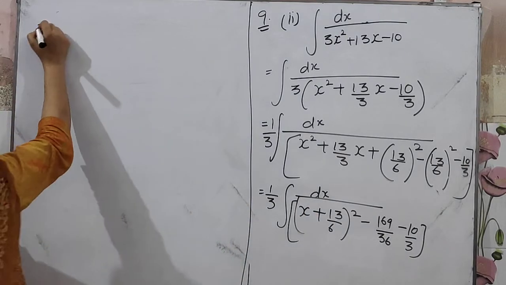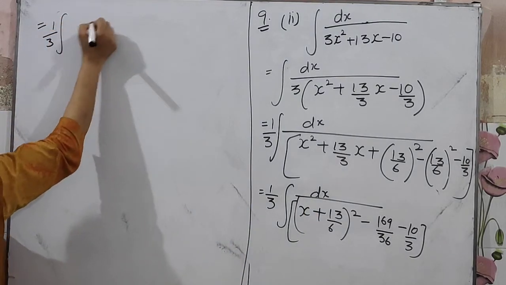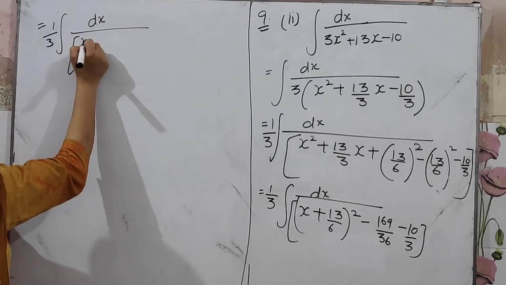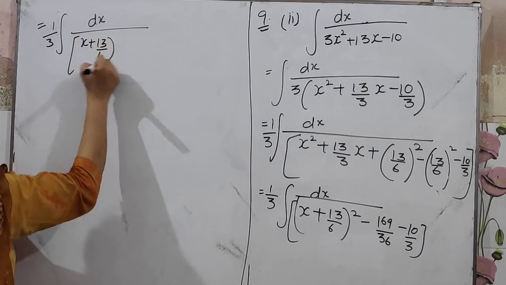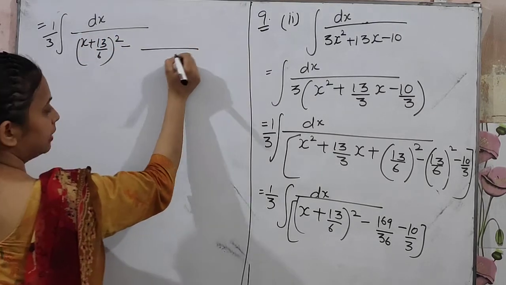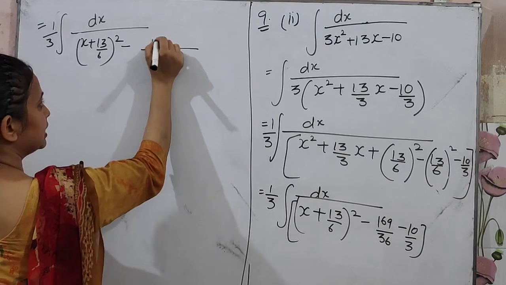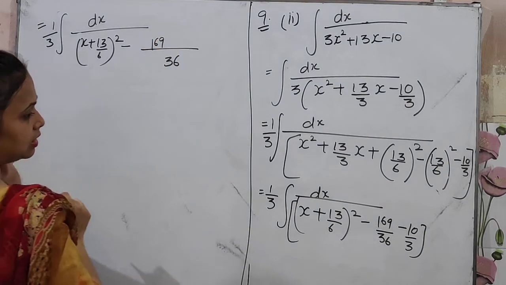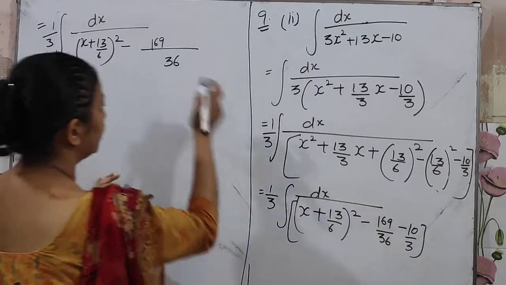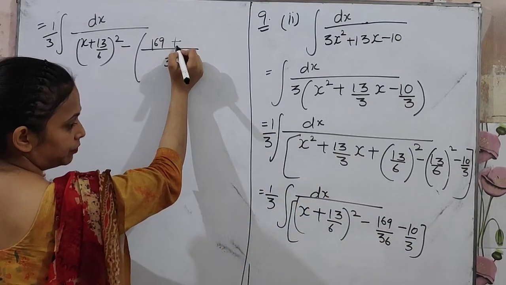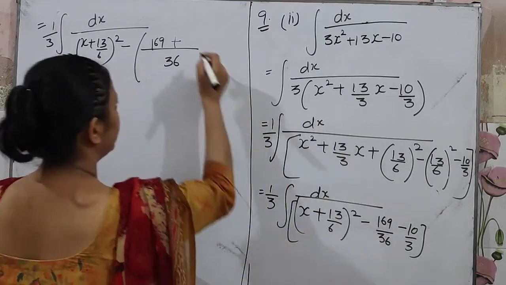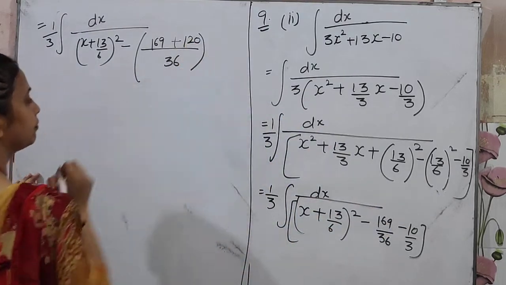It becomes 1 by 3 outside, dx upon x plus 13 by 6 whole square, minus, taking LCM 36, 169 as it is, minus 120 upon 36.